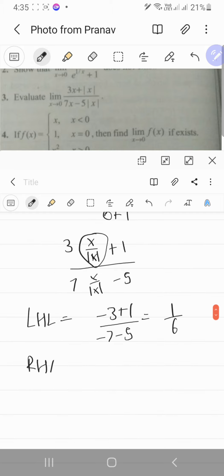The right hand limit is where we have to put this as positive 1, so this should be 4 upon 2, which is 2. That's weird, but that's how it works, I guess. This is obviously not equal to 1 upon 6, which means this limit does not exist.